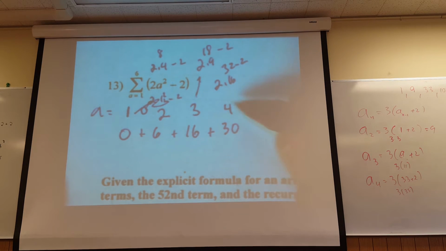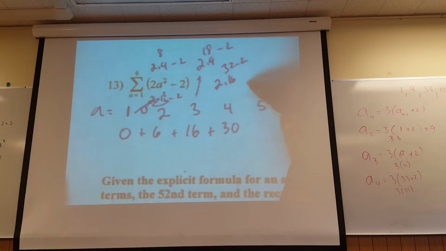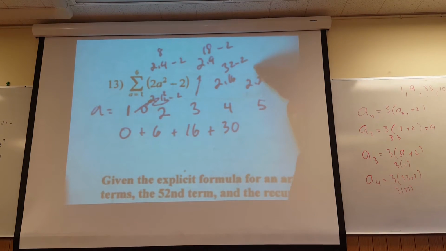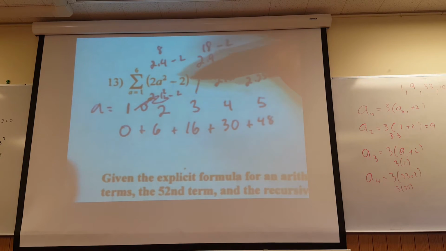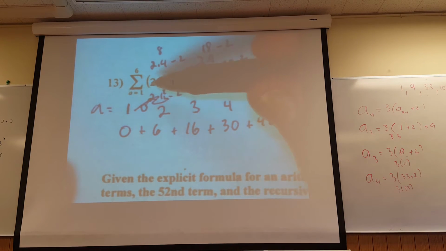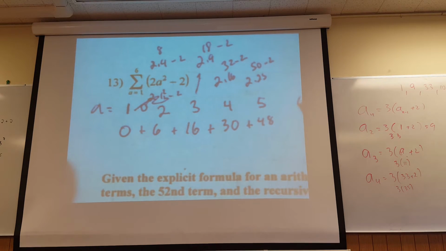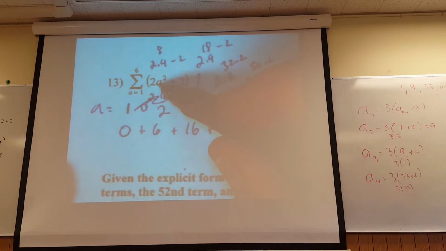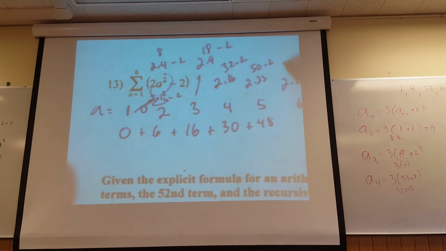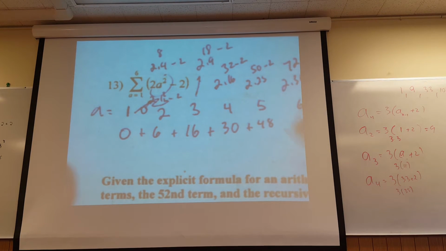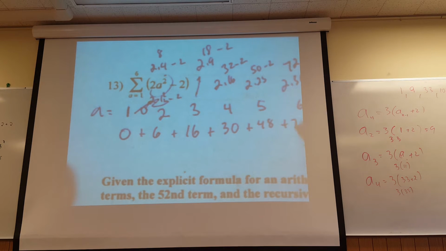When A is 5, that's 2 times 25, or 50 minus 2. So that's 48. And then our last partial sum, we're adding it when A is 6. Now that's 6 squared, so that's 2 times 36, or 72 minus 2.